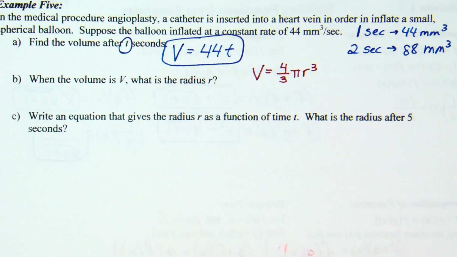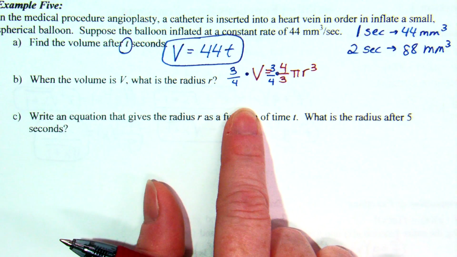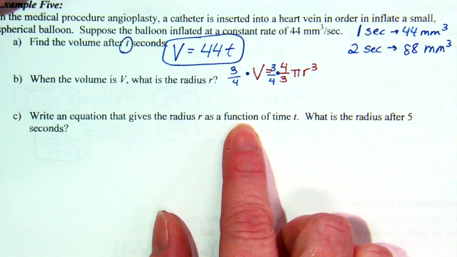So if I multiply by 3/4, if you want, you can take that pi with the 4 and multiply by 3/4 pi, but I'll do that in the second step. So 3/4 times V is 3/4 V, or 3V/4. And that leaves me with pi r cubed on the other side.